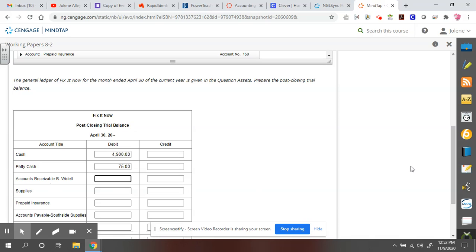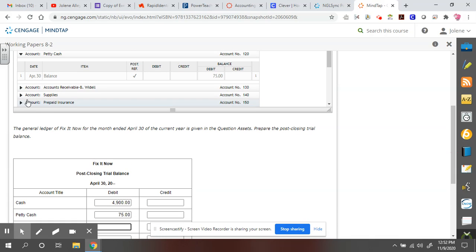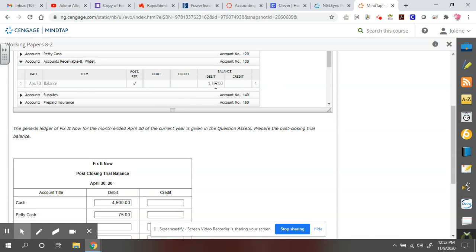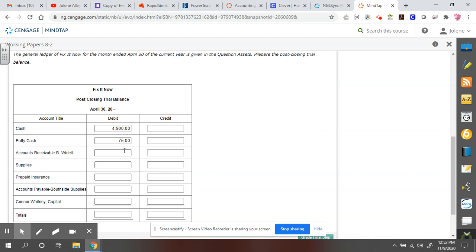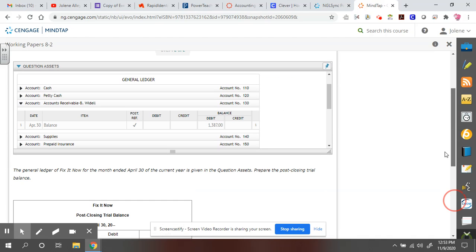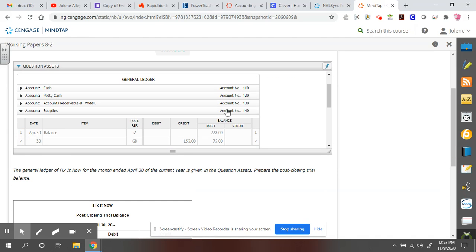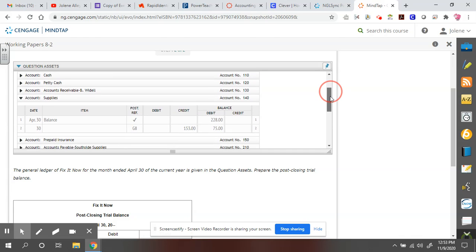Accounts receivable is also an asset. And this one has a balance of $1,387 debit. So $1,387 debit. Supplies is an asset. So if you still have some supplies, they're going to be a debit.